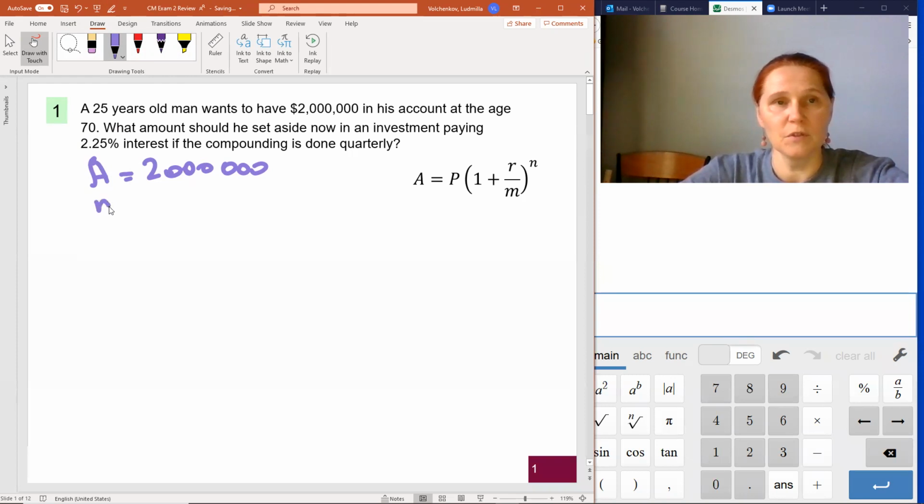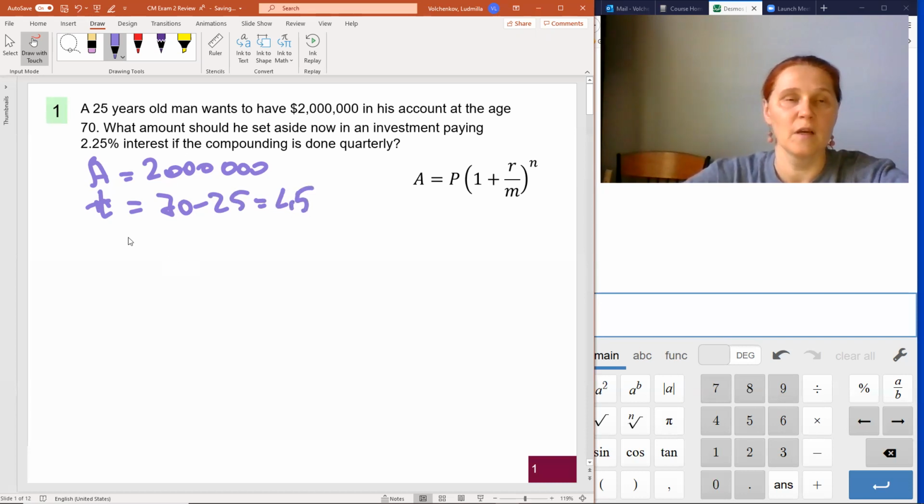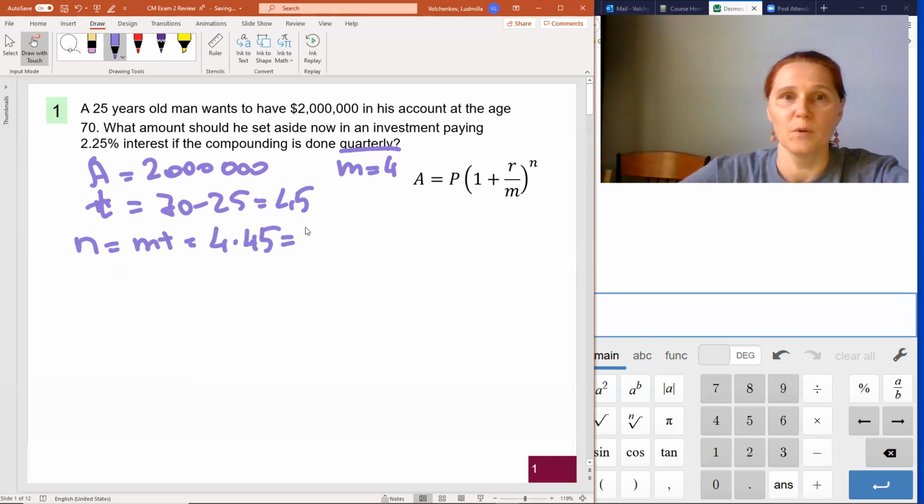So the number of years T will be 70 minus 25, so 45 years. Compounding is done quarterly. It means M equals 4. The total number of compounding periods will be 4 times 45, 180.